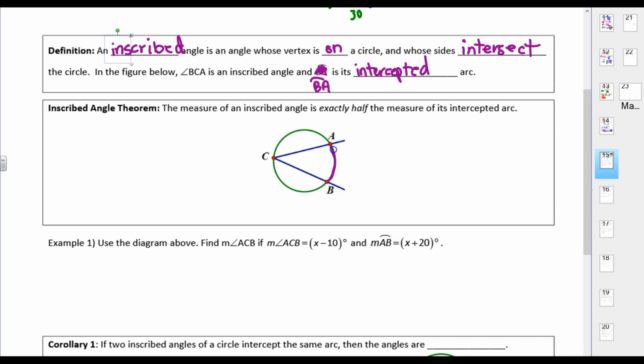So this arc right here is its intercepted arc. The inscribed angle theorem states that the measure of an inscribed angle is exactly half the measure of its intercepted arc. So the measure of angle BCA is going to be half the measure of arc BA.